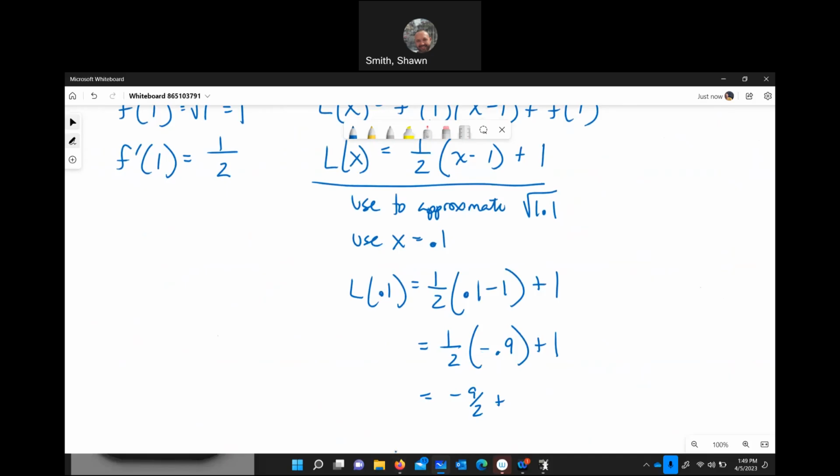Oh, L of 1.1. That's what we're doing. The difference between them is 0.1. So L of 1.1, that's what we're doing. 1.1 goes in there. Sorry.